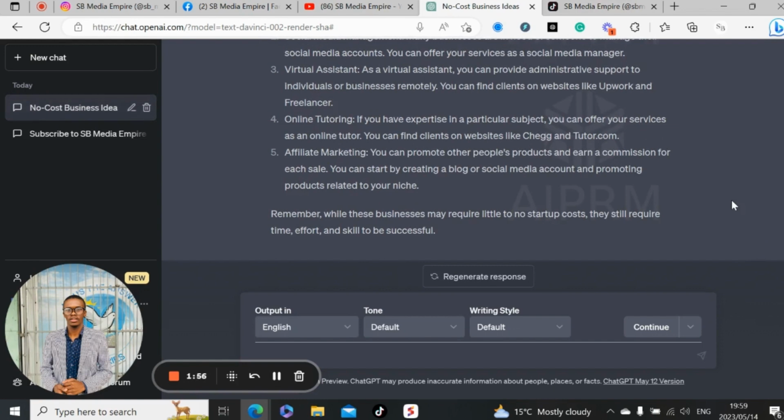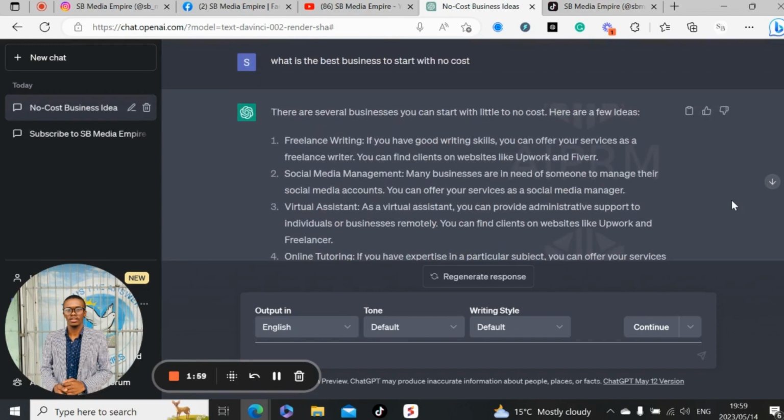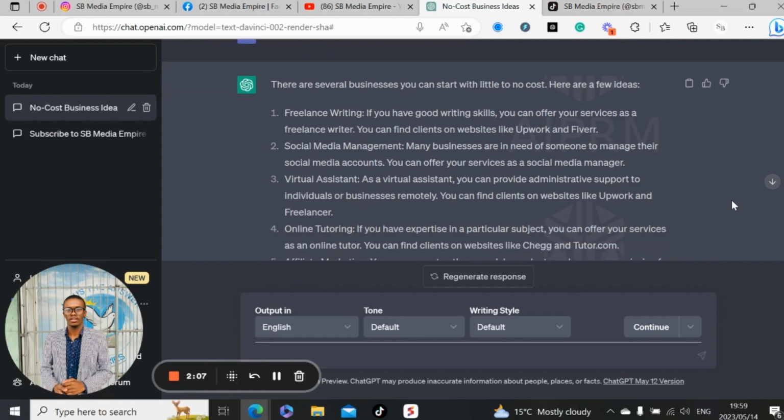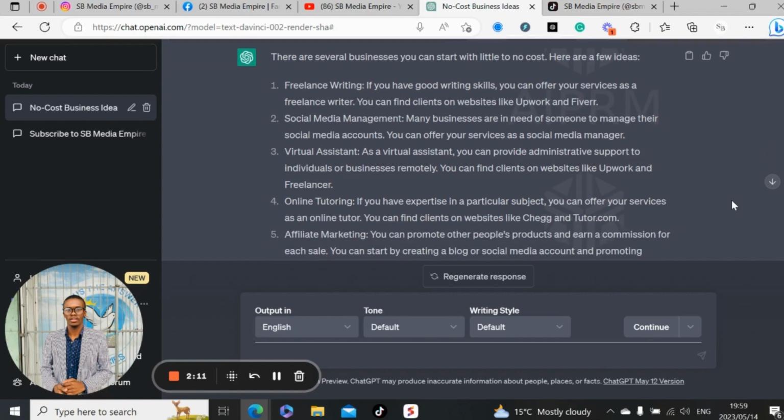So that's it. So there you have it. And there are still actually more that you can start with no costs, but so far it's good, right? Like freelance writing, you can actually even utilize ChatGPT, right?